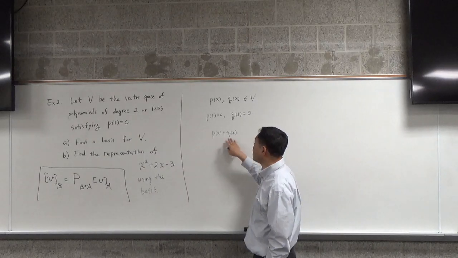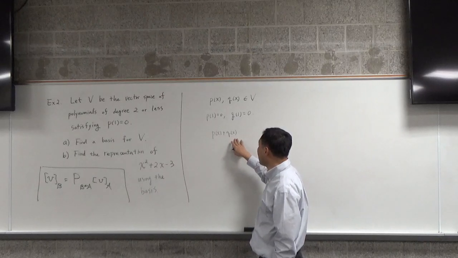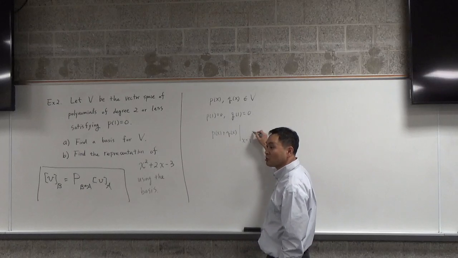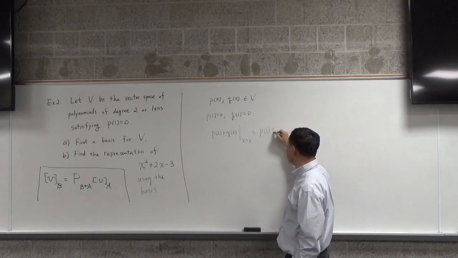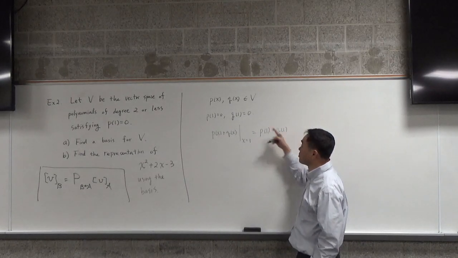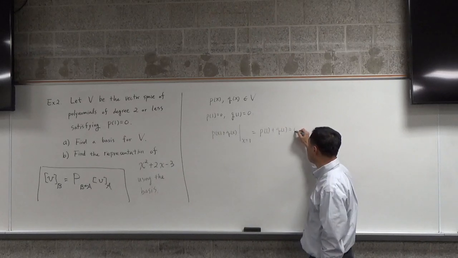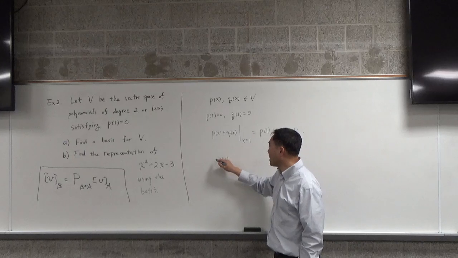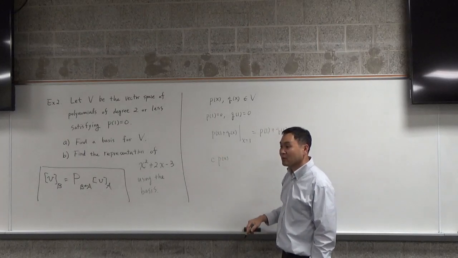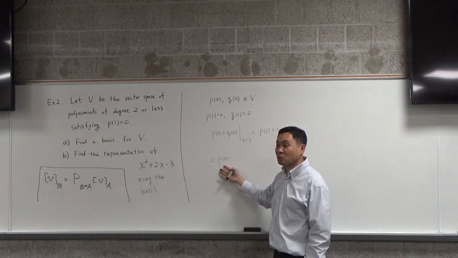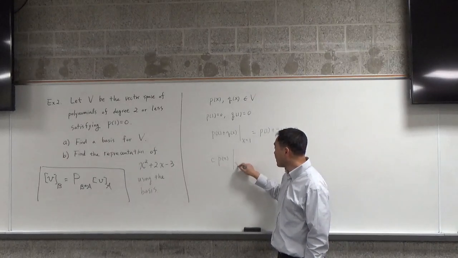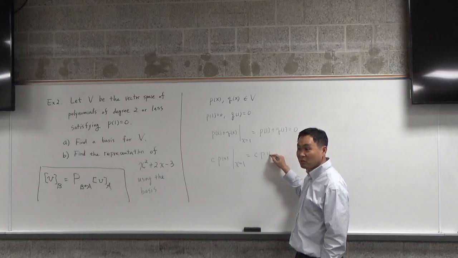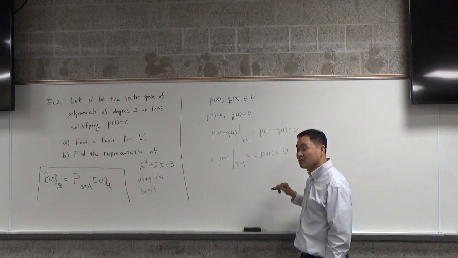And it also has the property that if you evaluate at x equals 1, you get P of 1 plus Q of 1, and they're both 0, so it's 0. Another thing is, if you take P(x) and multiply by any constant c, that's again a degree 2 or below polynomial, and if you evaluate at 1, it's c times P of 1, so it's again 0.